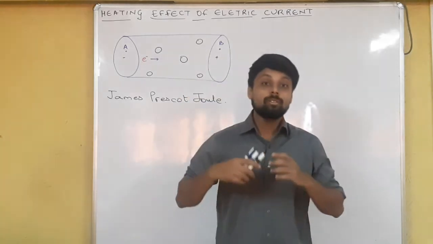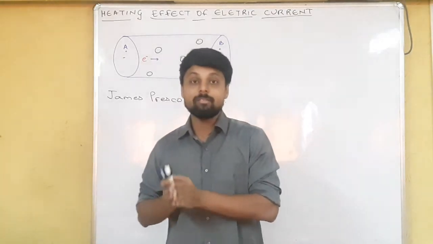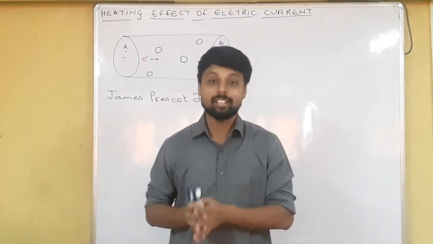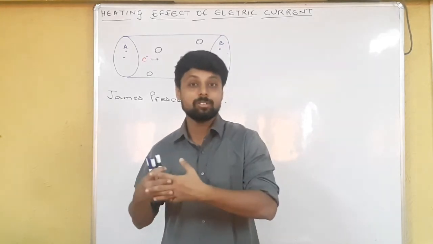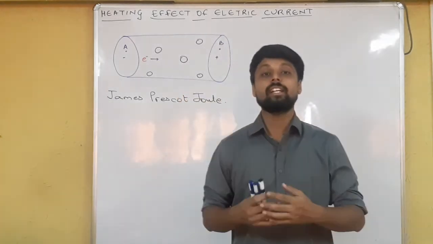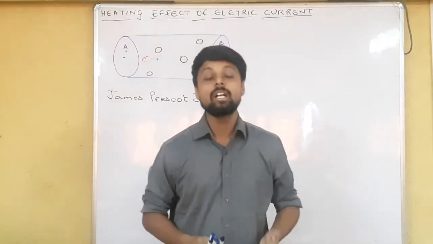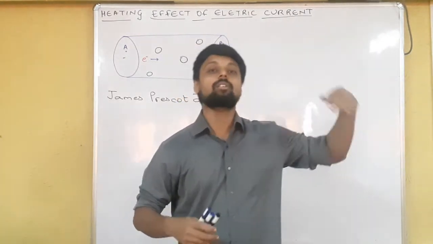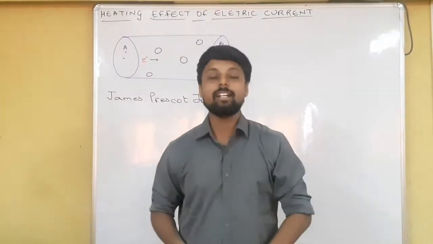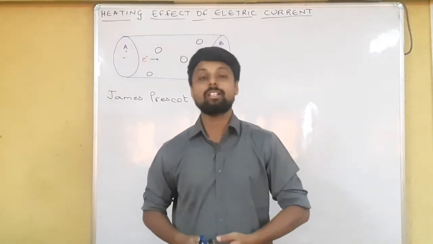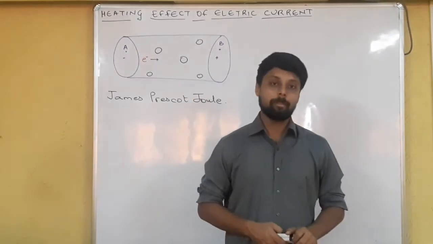Why? Because for the duration of time for which the conductor is running, in which electrons are flowing, that is, current is flowing for a longer time, collisions will keep happening for that long. And that is how time is also a factor on which heat depends, right?